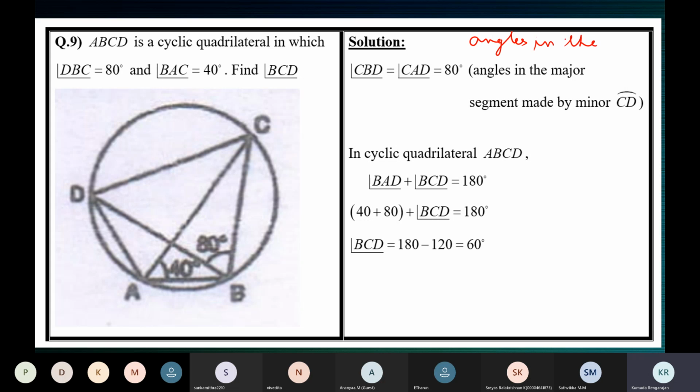Angles in the same segment are equal. I've just specified angles in the major segment made by the minor arc CD. You can, in general, say angles in the same segment of a circle are equal.